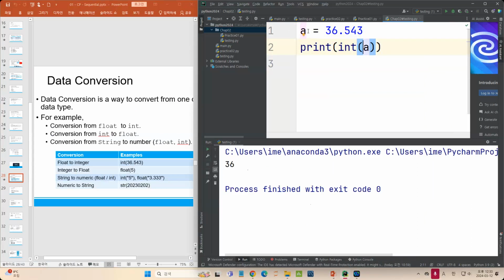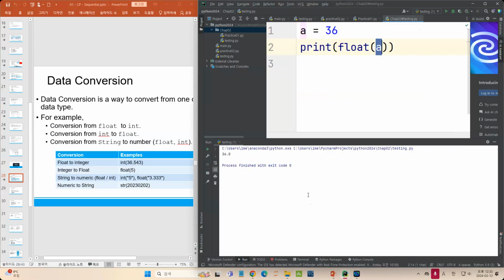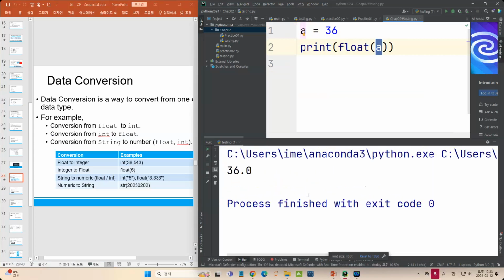Now, if I want to change to a float, let's say I have the 36, this is an integer, and I want to change it to float. So I can just call float, and the value is 36, from the variable A. Then the result will be 36.0.